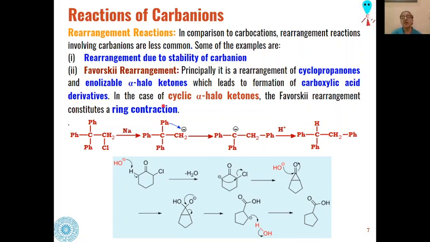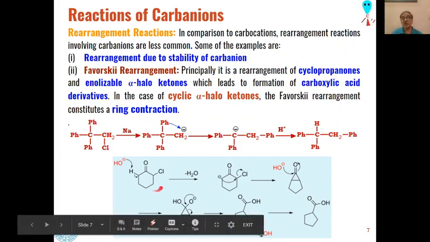Similarly, if we are having open chain alpha haloketones, they will be converted into carboxylic acid derivatives. But if we are having cyclic alpha haloketones, then the Favorskii rearrangement also constitutes a ring contraction reaction.